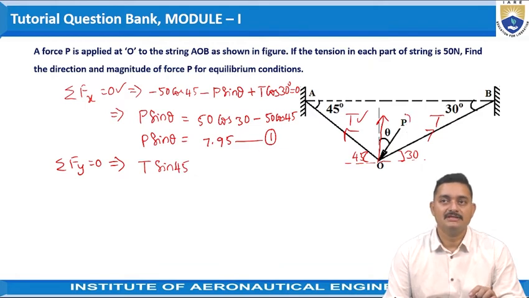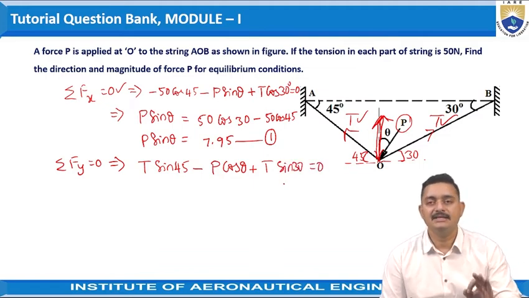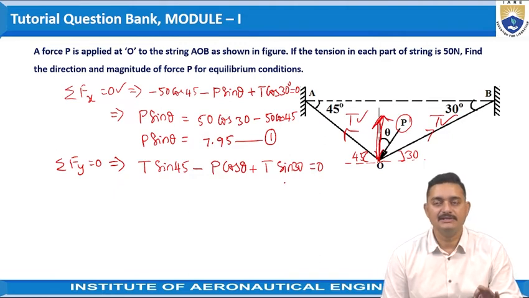Also, P is acting in the negative y-axis direction, so we take minus P cos theta. Then the second tension T, its vertical component is also in the positive y-axis direction, hence plus T sin 30 is equal to 0. So these are the 3 vertical components in the system.